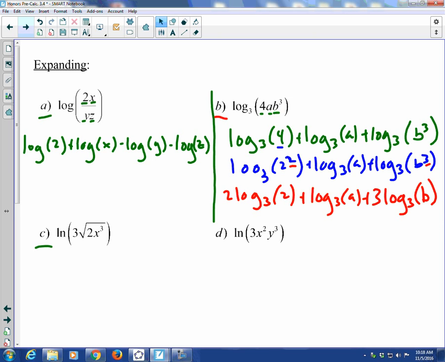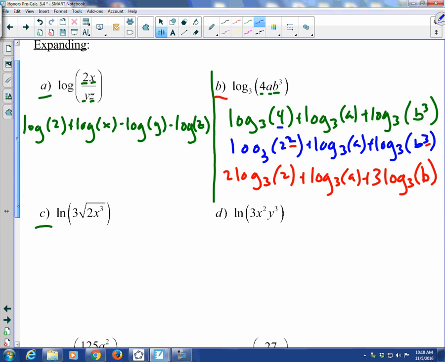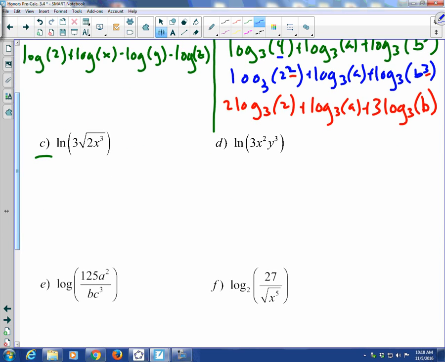So let's take a look at C, and then I'll let you guys go ahead and do D, E, and F on your own. So right here, we're looking at the natural log of 3 times the square root of 2x cubed. And right here, our expression inside our logarithm isn't just bases raised to powers. So what we want to do is simplify that expression first.